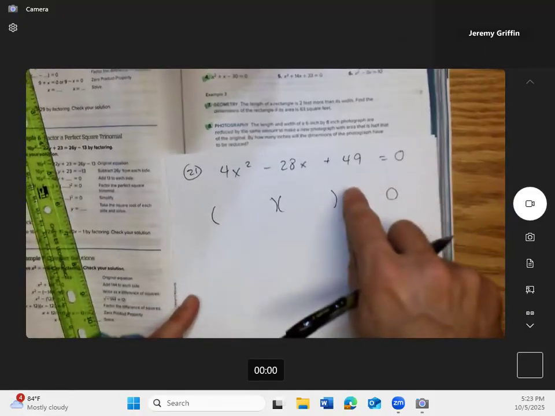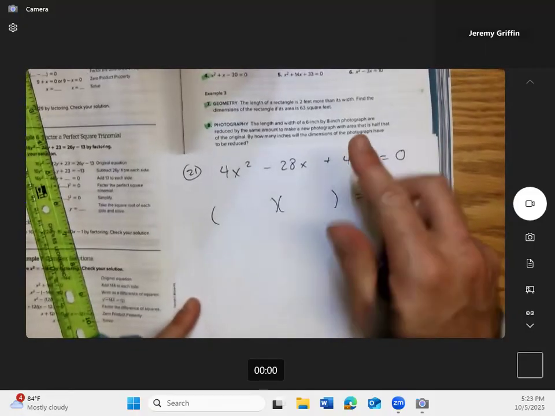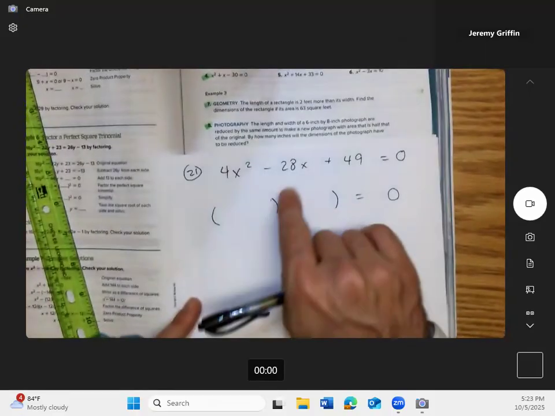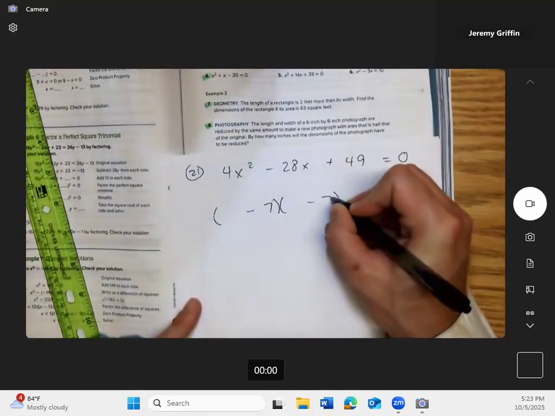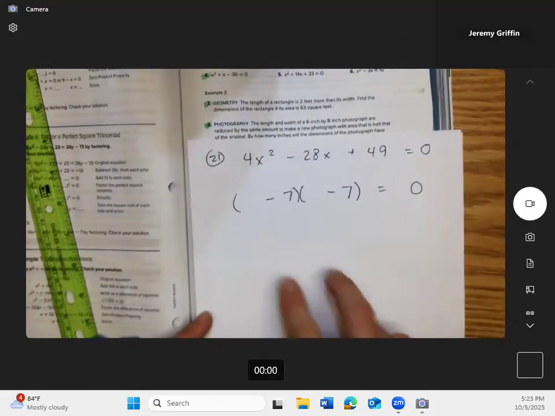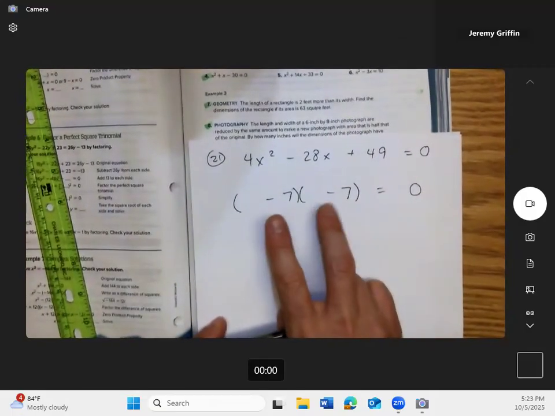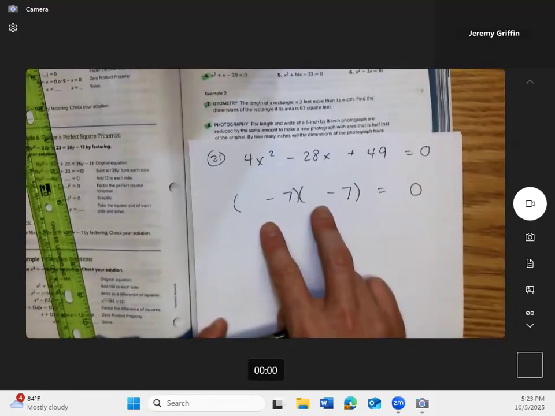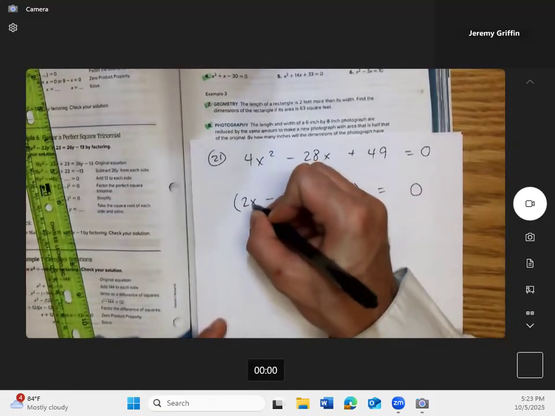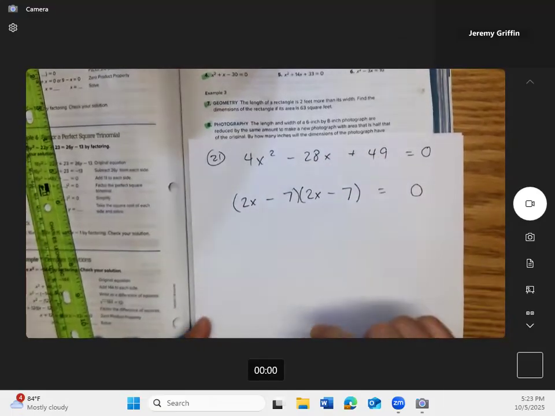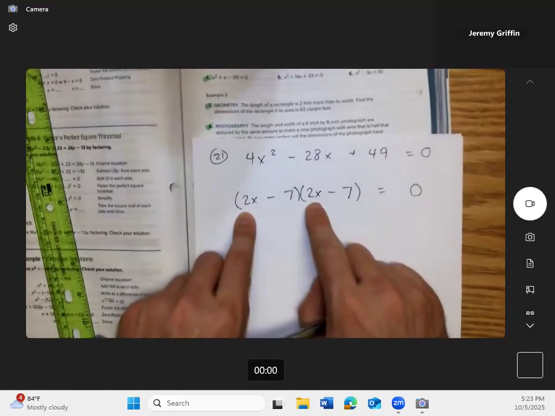I don't know. But I'm pretty sure that 49 is probably 7 and 7. And if I'm getting negative in the middle, it probably goes minus 7, minus 7. That's my best guess. Right? So it's probably something minus 7, something minus 7. Now, what? I see what it is. It is 2x and 2x. Let's watch this. 2x and 2x.